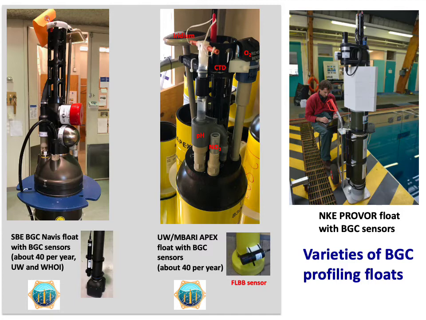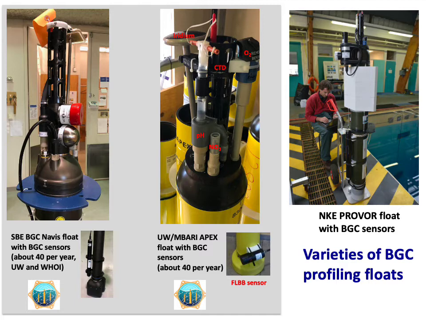These floats all have nitrate, pH, a CTD, and oxygen, and then on the bottom here you can see the fluorometer and backscatter sensor, and there's also the Iridium antenna here. In GO-BGC, we're going to deploy 500 floats over 5 years. About 40 per year will be done by UW and MBARI of this variety.